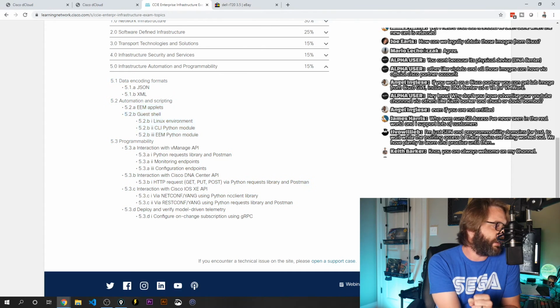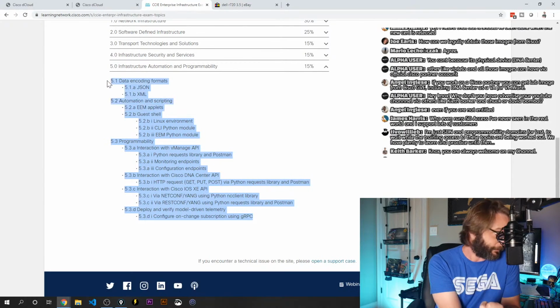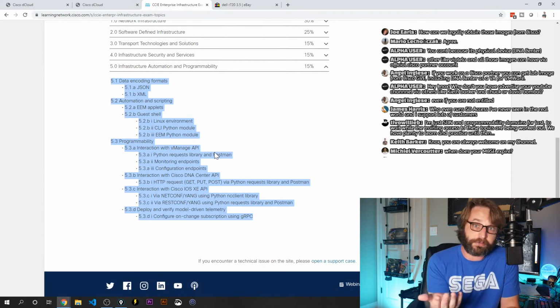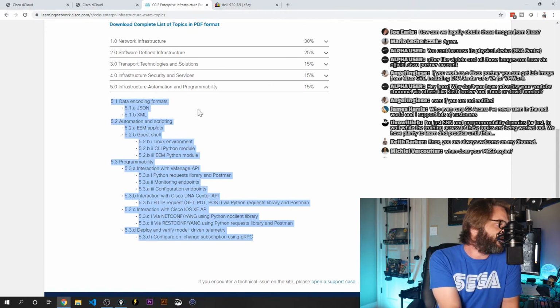Guest shell and EEM and these modules covered in DevAsk. Programmability is covered in Inato and DevAsk. Model-driven telemetry is covered in Inato, but not with gRPC. I believe the exam blueprint there called for NetConf. But really, almost every single one of these bullet points, if not every single one of these bullet points, is covered on CBT Nuggets currently.